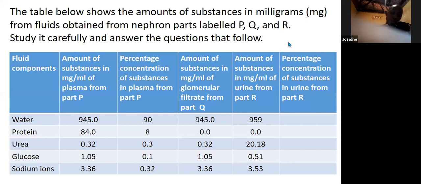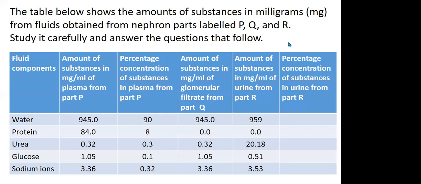Okay, so anyone else who is ready? Okay, Daniela. For the first one, I would say 959 divided by 1009 times 100. Okay, thank you, Daniela. Yeah, so that is how we go about that.